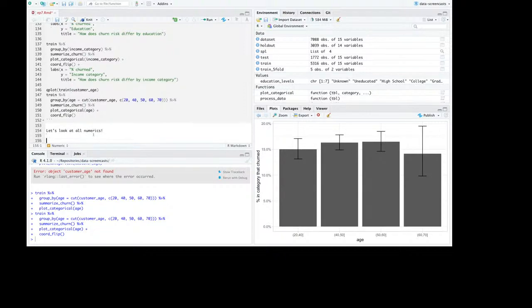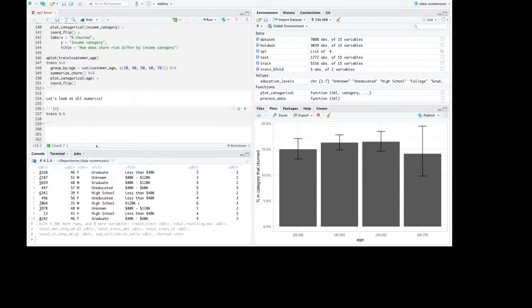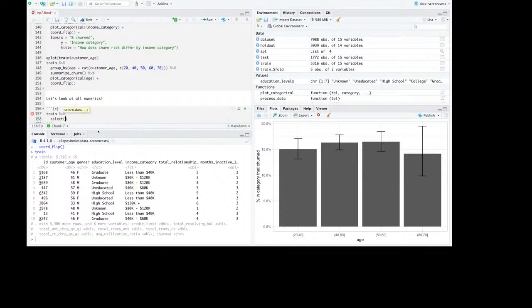And this is a nice trick. What I can do is say train, let's do select negative. I select just, you know, actually everything except for those few. So I'll say select churned and customer age and total relationship count.